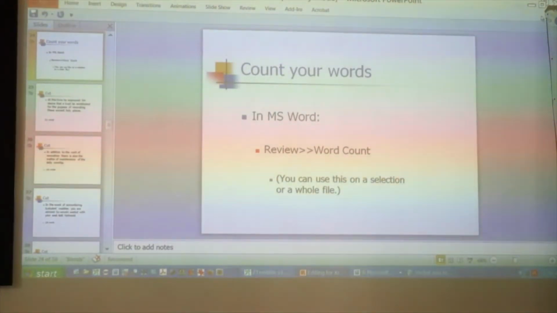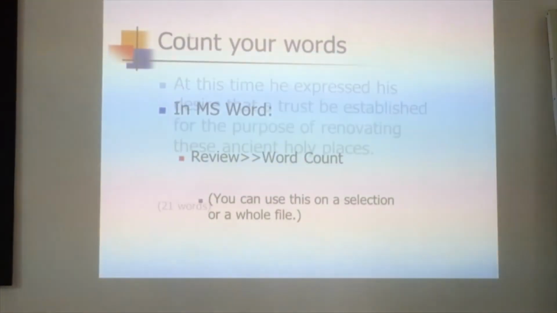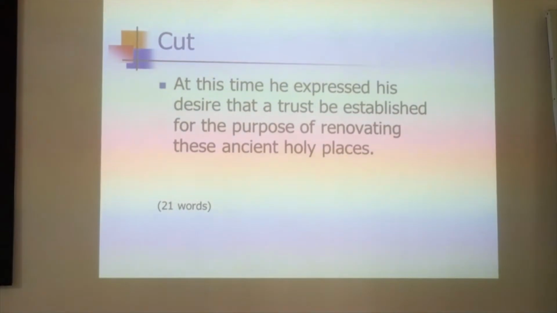Let's take that very one. At this time, he expressed his desire that a trust be established for the purpose of renovating these ancient holy places. 21 words. Give it to me short.